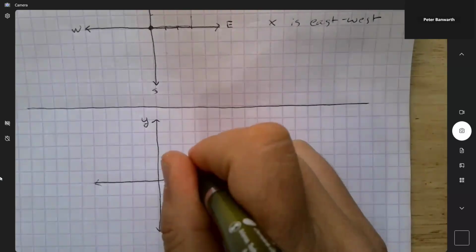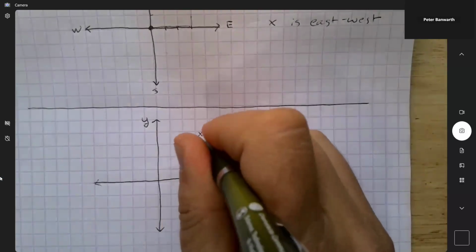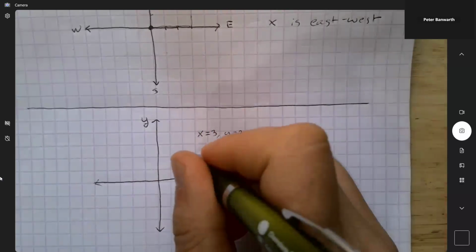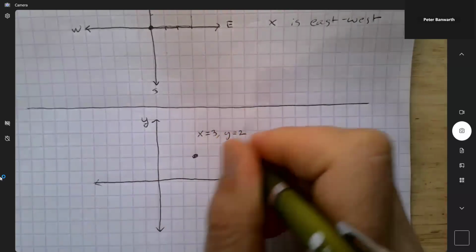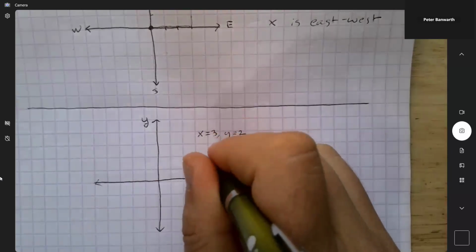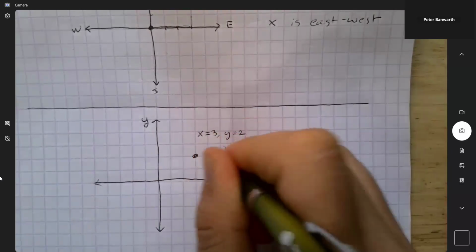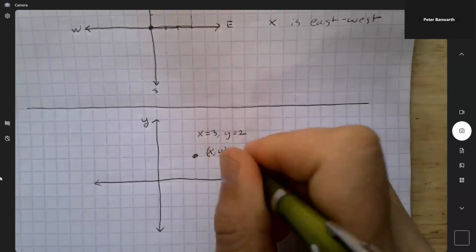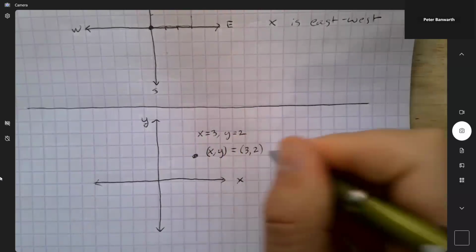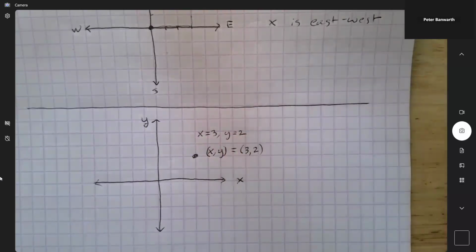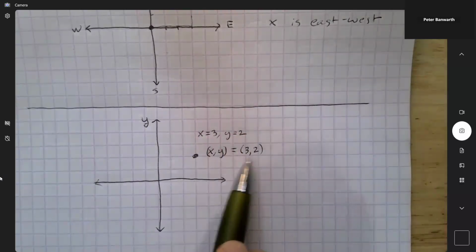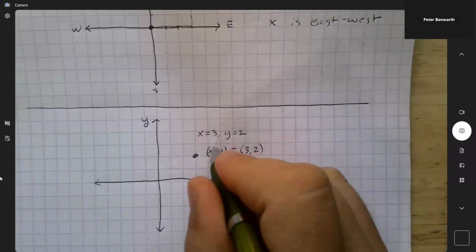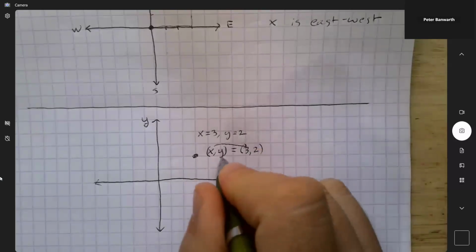So here's my point where x equals 3 and y equals 2. And I'm going to describe that point with what is called an ordered pair. Instead of writing that x equals 3 and y equals 2, I'm going to write x comma y inside parentheses equals 3 comma 2. And when I see this list of symbols, x comma y equals 3 comma 2, that tells me that the x is 3 and the y is 2.